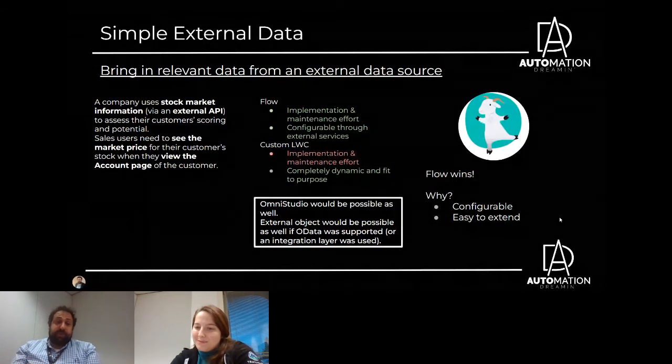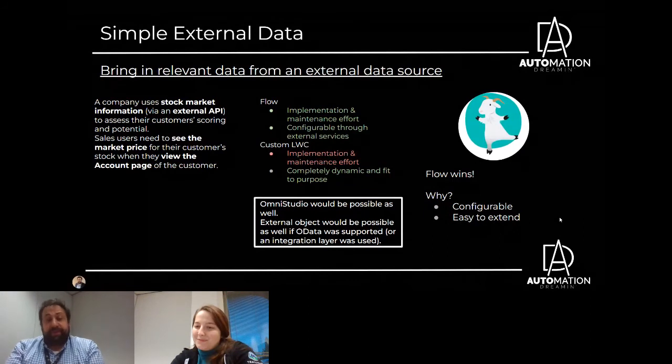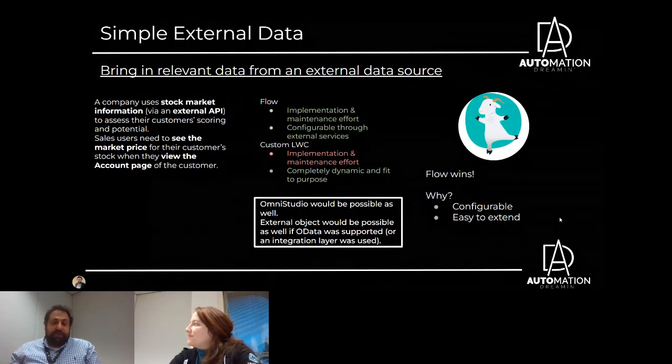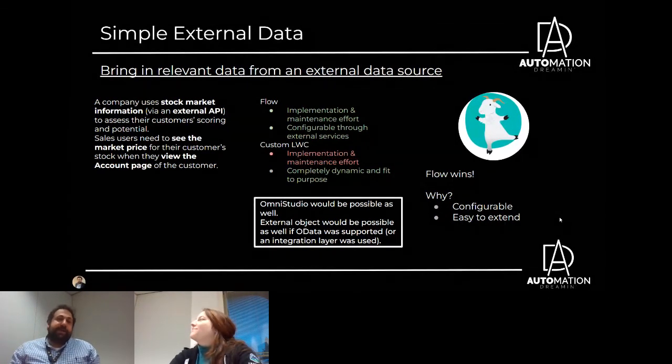There's two other possibilities for this simple use case. Of course, Omni Studio, you would have guessed, but we can also do it via an external object. So if you have your external object, which connects to an endpoint, right? And with OData, if your endpoint supports OData, then yeah, it's relatively simple to set up.